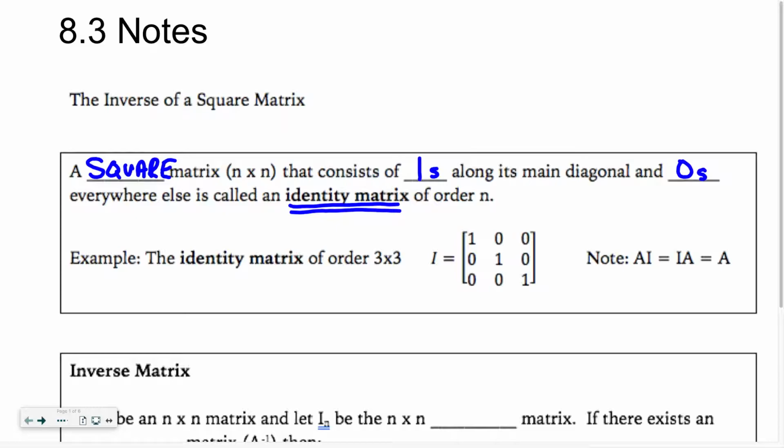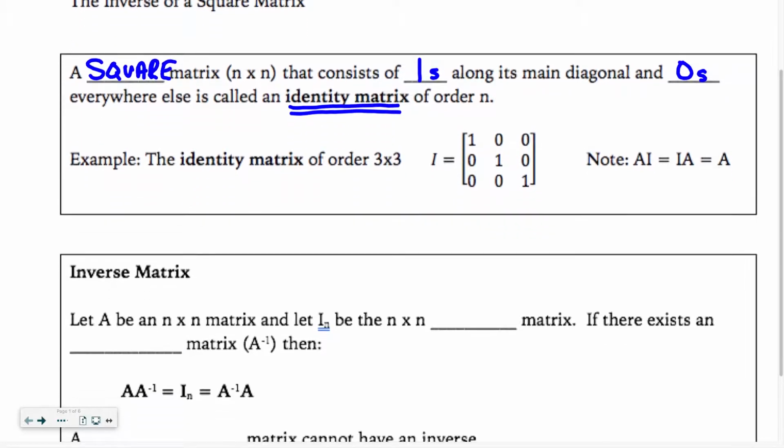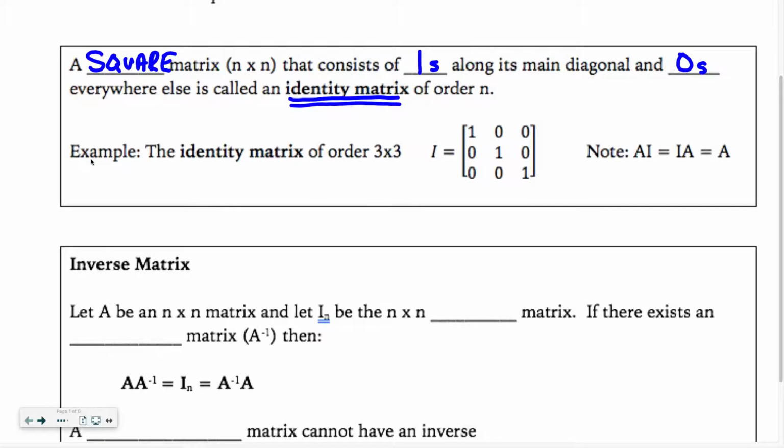Diagonal ones, zeros. Here's an example of an identity matrix for a 3 by 3 square matrix. And notice it's being labeled I. This is a capital I. Anytime you see capital I, then we're talking about the identity matrix.